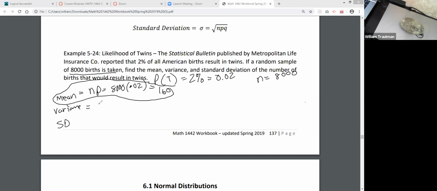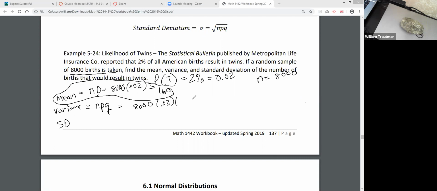Our variance, what's the formula for variance again? It was NPQ. Our N is 8,000. Our P was 0.02.